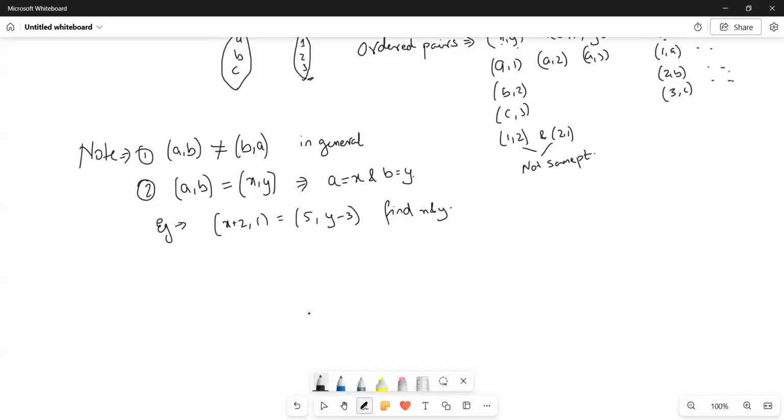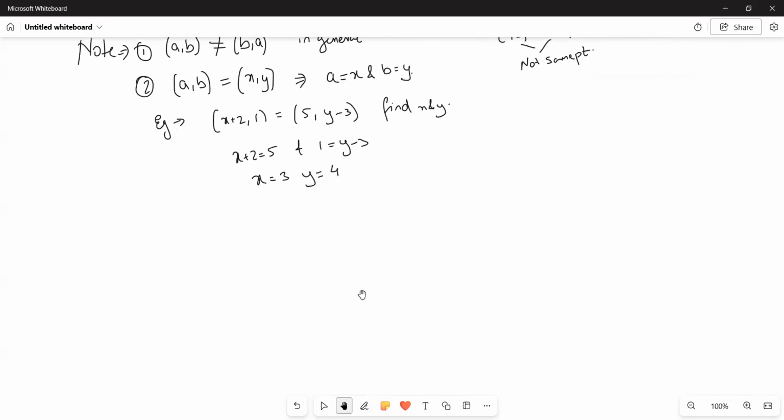Since it is given that the two ordered pairs are equal, x + 2 must be equal to 5 and 1 must be equal to y - 3. So x is 3, y is 4. Is everyone okay with this?